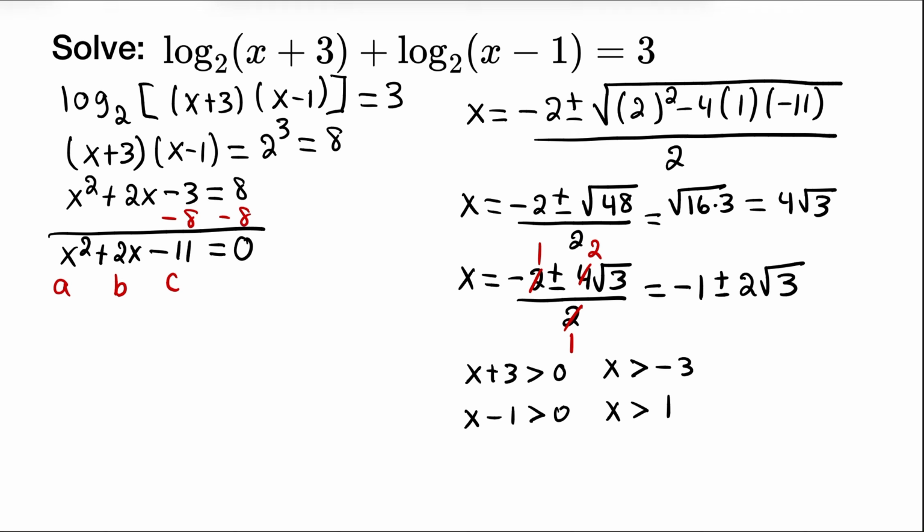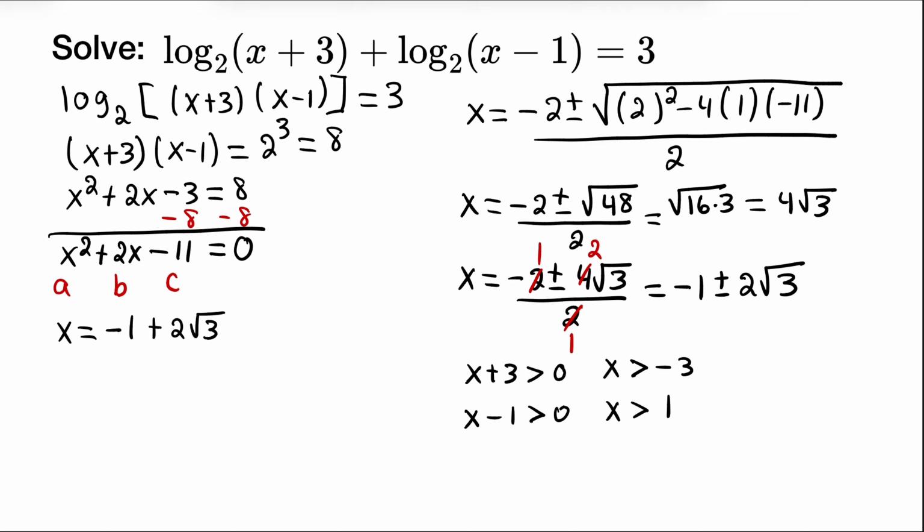So now in this case, what we're going to do is test each solution. And so let me go back over here to the left, underneath the quadratic equation. And we have x equals negative 1 plus 2 root 3.